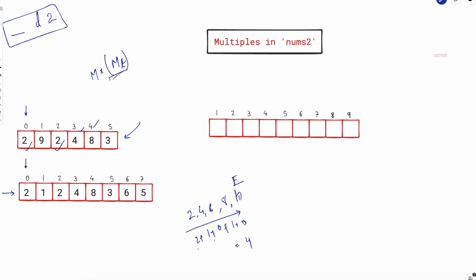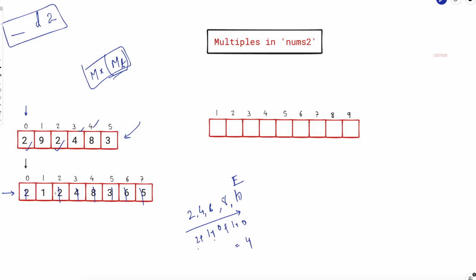Now if you look at the worst case value for this expression, that would be even worse than N cross M. How? Because this E can go all the way up to E. Let's say everything is 1 here, right? Now for each of these elements, you are iterating over all possible multiples. So for 1, you are iterating 1, 2, 3, 4, all the way up to E.